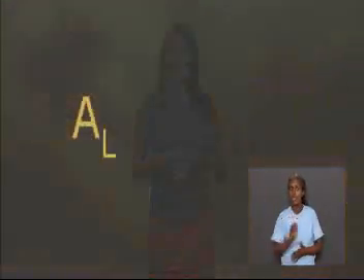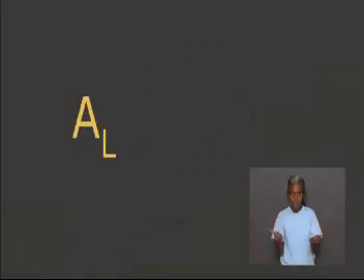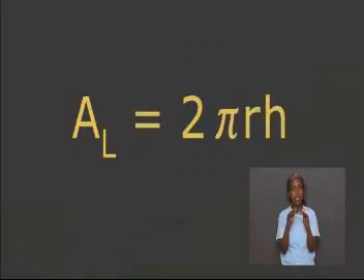We use this equation: area equals 2 times pi times r times h, where r is the radius of the base of the cylinder.